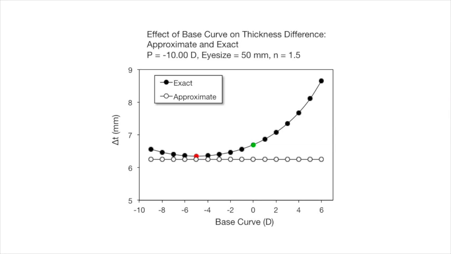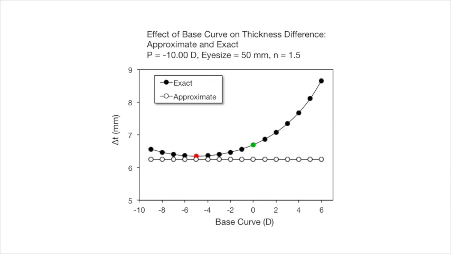So the base curve is minus 5, the back surface is minus 5, given a total power of about minus 10. Look now at the green symbol. That corresponds to when we have a plano concave lens. In other words, the base curve is 0, we've got a flat surface on the front, and the back surface is minus 10.